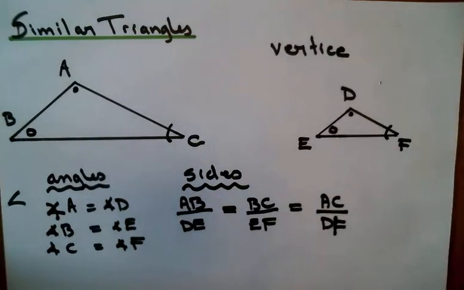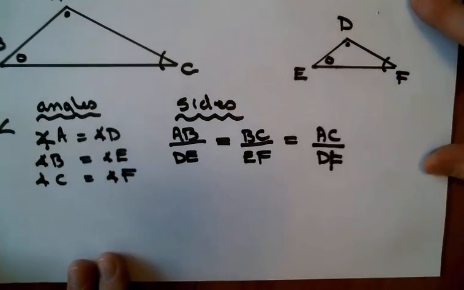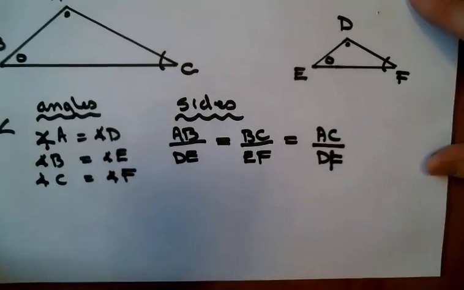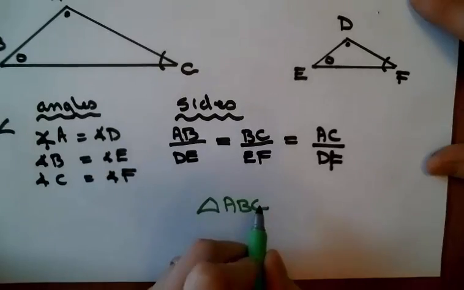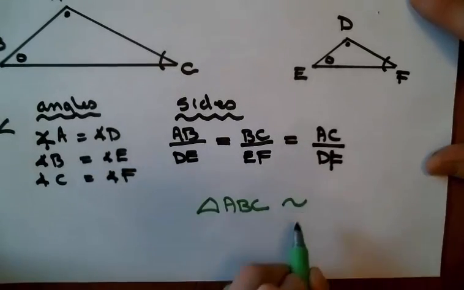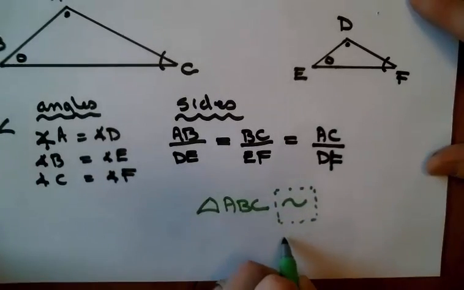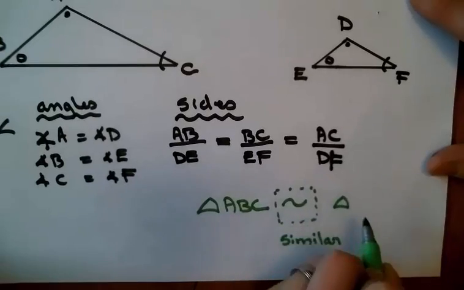The notation we use to show that these are similar triangles is a bit different than what we had earlier for congruent triangles. Here it is. So triangle ABC is similar, so this means similar, to triangle DEF.